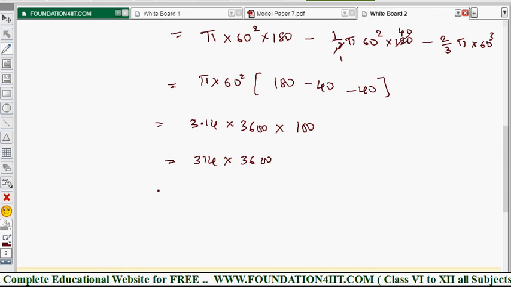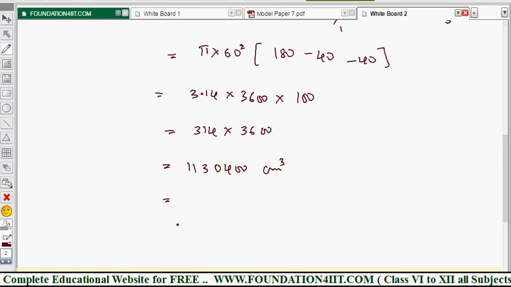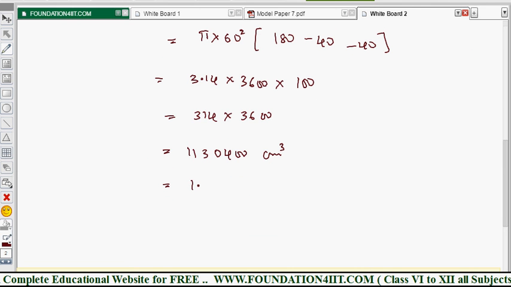If you multiply this using a calculator, you will get 1130400. So this is in cubic centimeters. To convert this, approximately 1.13 cubic meters, we should divide by 10 power 6 to convert into cubic meters.